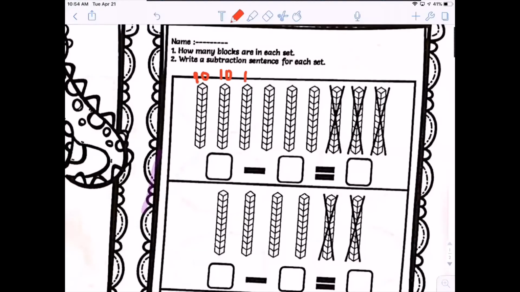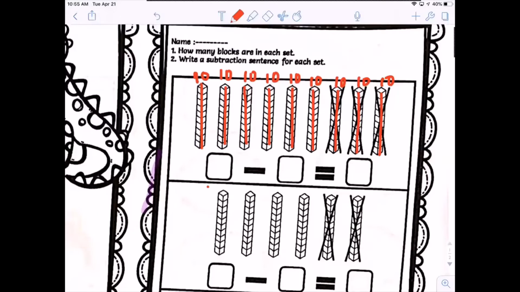Another group of 10, another group of 10, another group of 10, another group. Okay, so we have groups of 10 that we are going to be taking away. And remember when Ms. Morales said you could draw the rod or you could make a stick. 1, 2, 3, 4, 5, 6, 7, 8, 9. So I have 9 groups of 10.